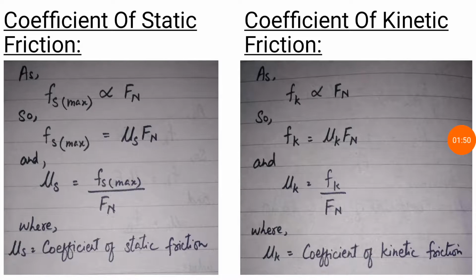Now the coefficient of kinetic friction depends on the surfaces in contact during sliding. Now mu is the ratio of the forces, so it has no unit because the unit of the kinetic friction is Newton, and the unit for normal force is also Newton. So Newton is cancelled by Newton and we have no unit.